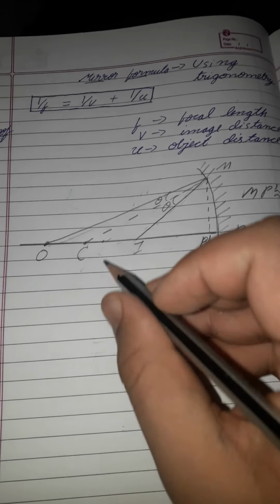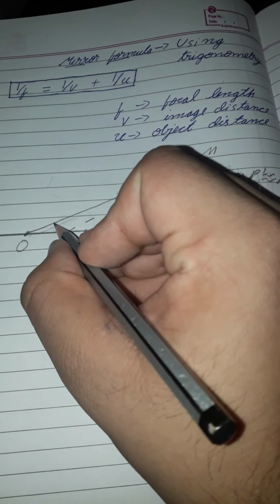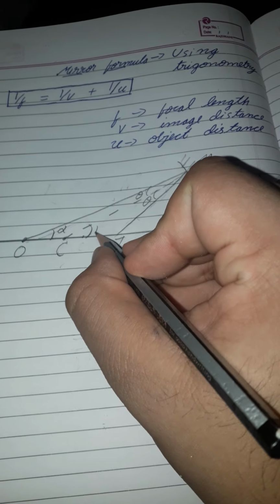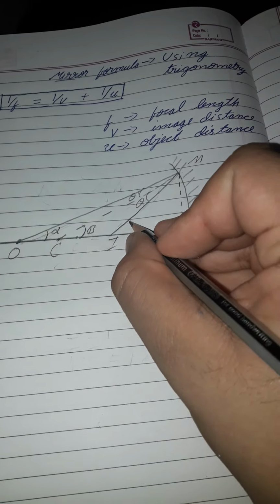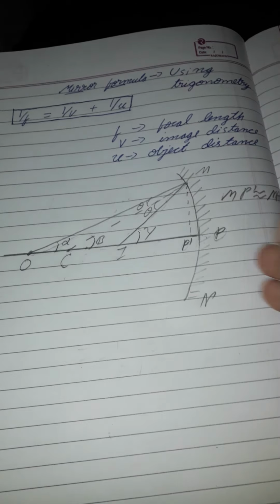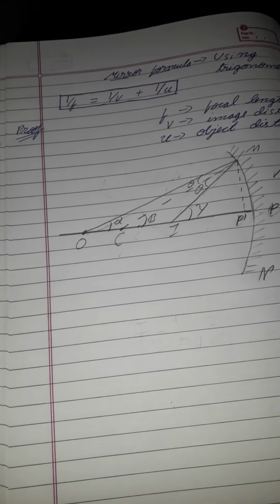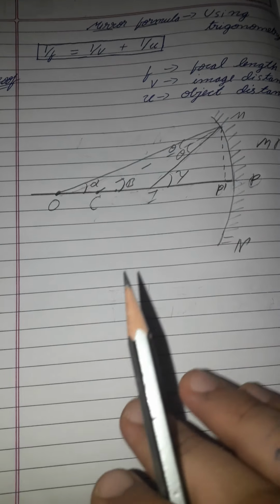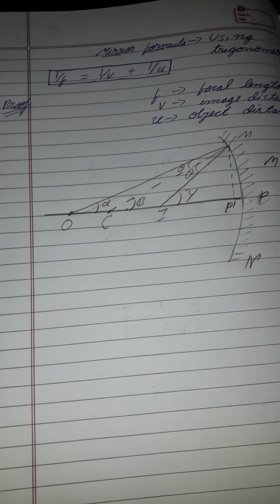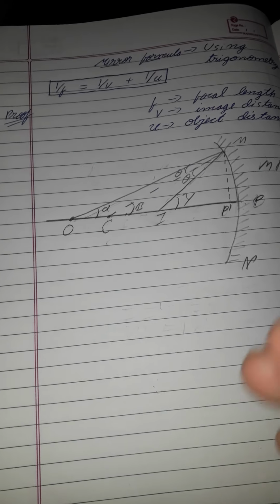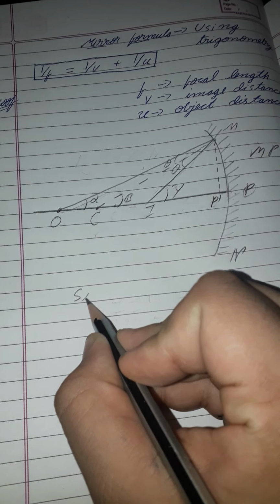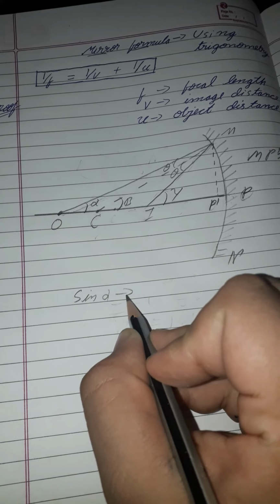Now let's consider this angle as alpha, this angle as beta, this angle as gamma. These alpha, beta, gamma are very small angles, nearly equal to 0. So as they are nearly equal to 0, sin alpha will be alpha.